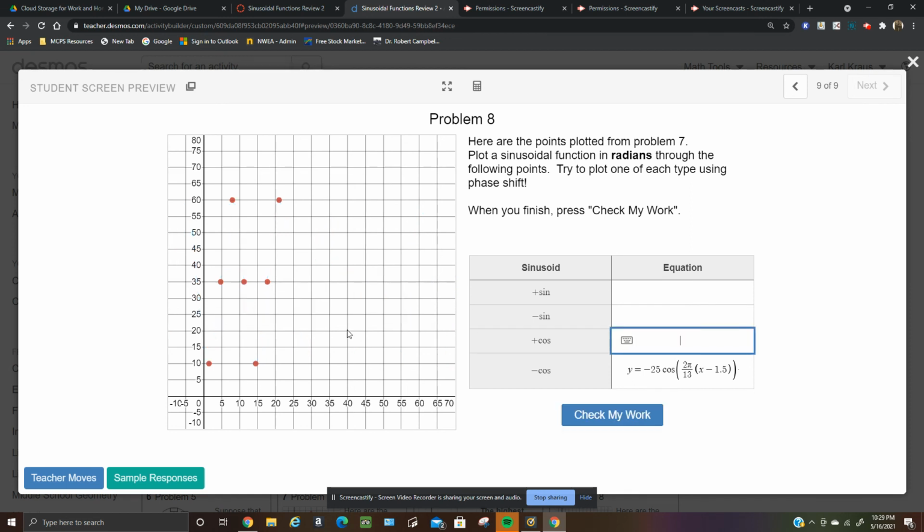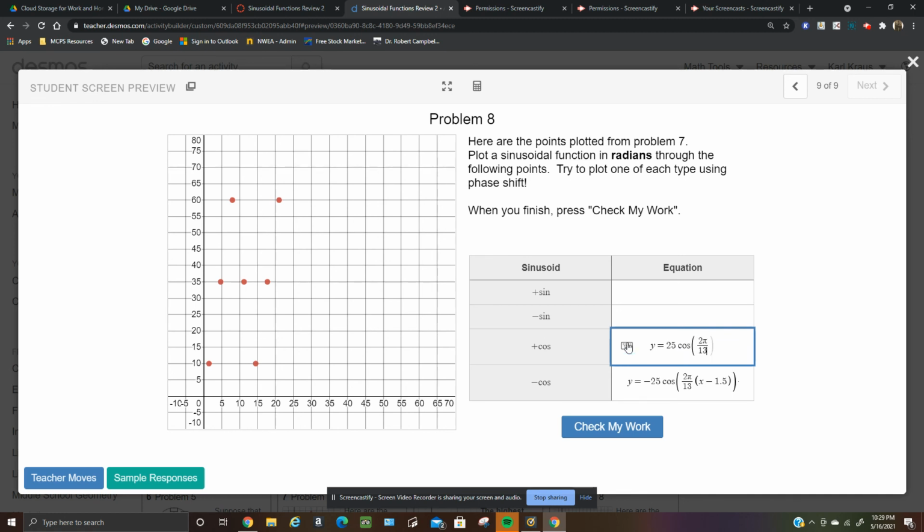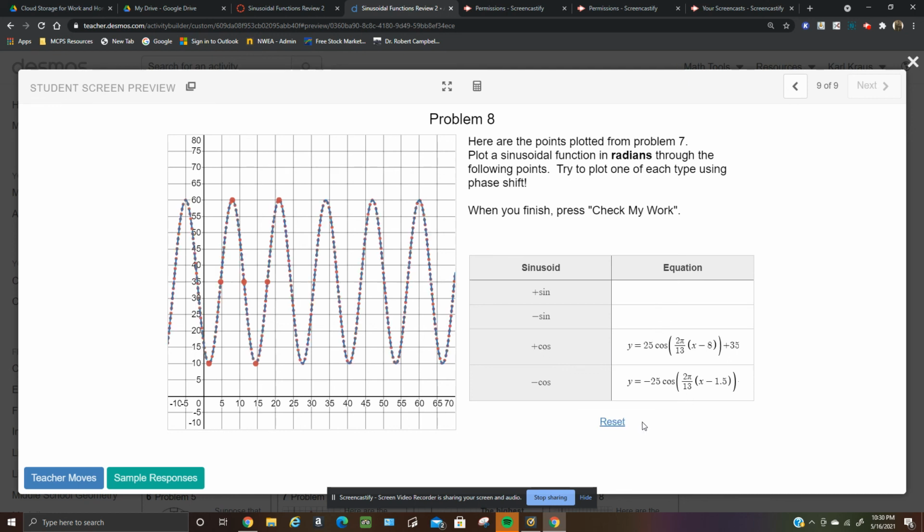And then positive cosine would start right here at 8. And check that one.